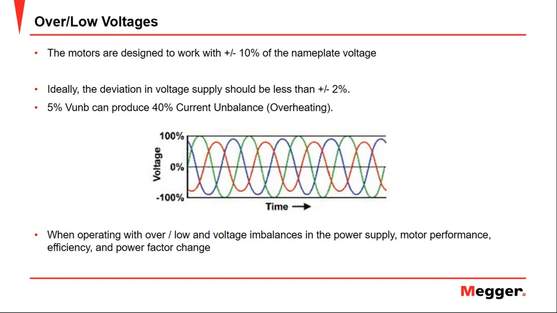The voltage is the most important variable in the power supply of the motor. We have to measure the voltage frequently in order to be sure that these values are within the limits established in the NEMA MG1.